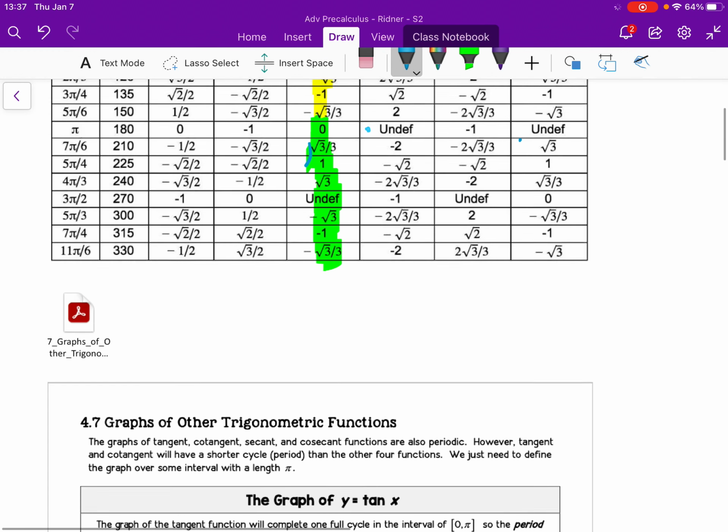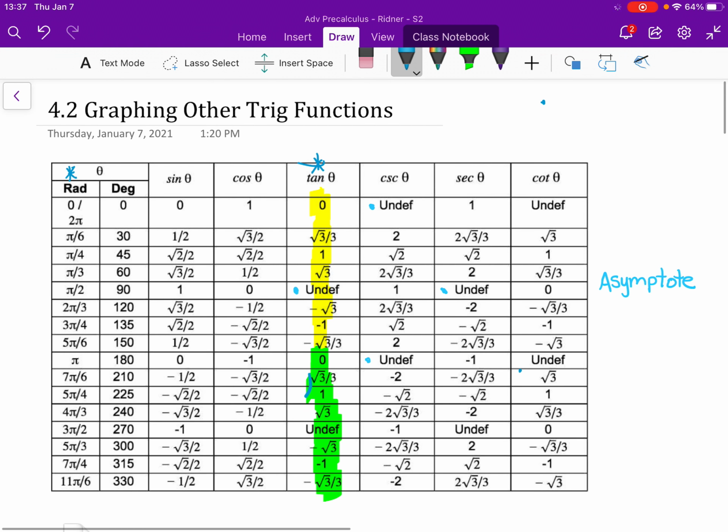Sorry if you're going a little dizzy there. The radians here are our x values for all of the graphs we did, and these separately are the y values. If you think about that, that will get you through graphing all trig functions.